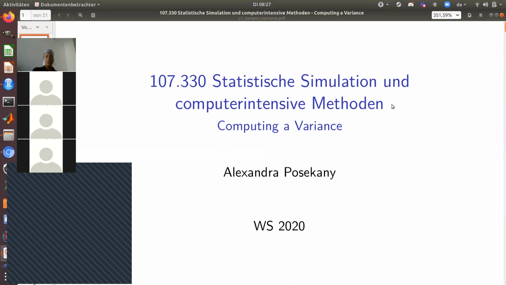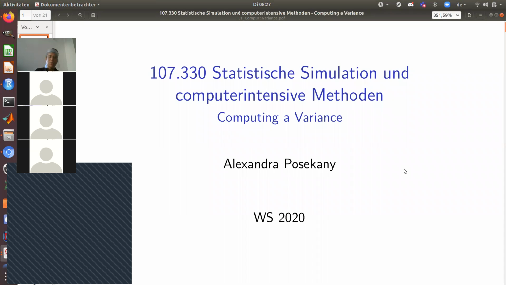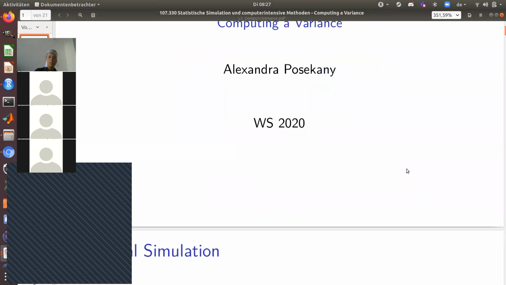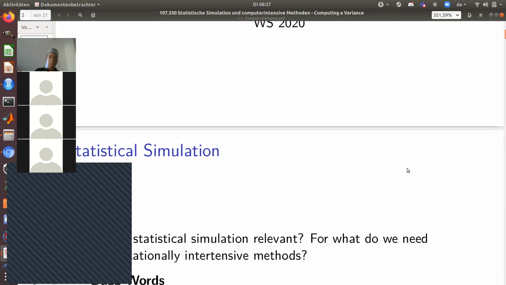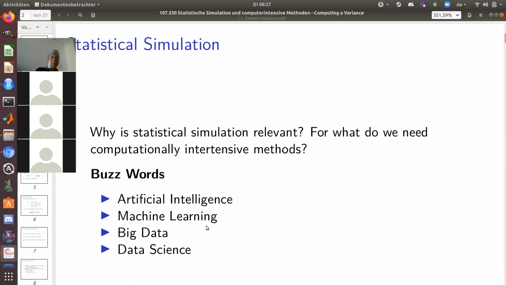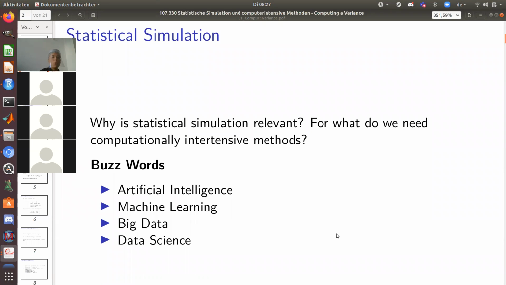Okay, great. So to provide you with all the information required for doing your first assignment, and also with the short introduction into the field of statistical simulation and computer-intensive methods, I wanted to start out with a few of the buzzwords which are related to these fields.